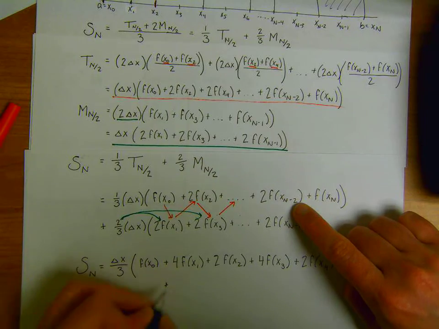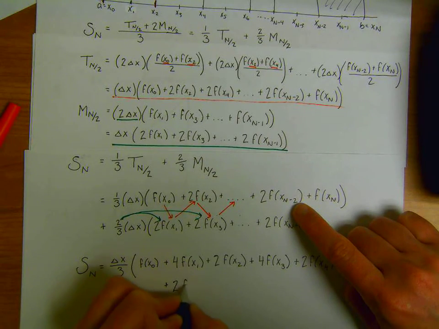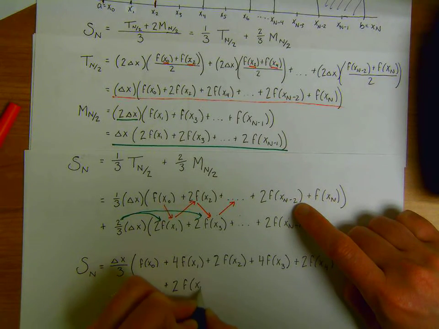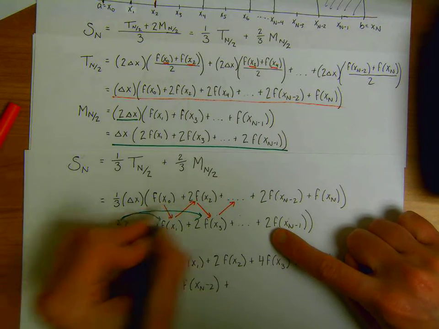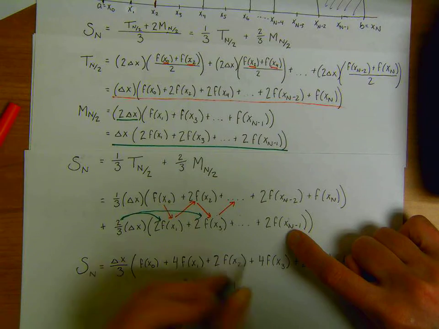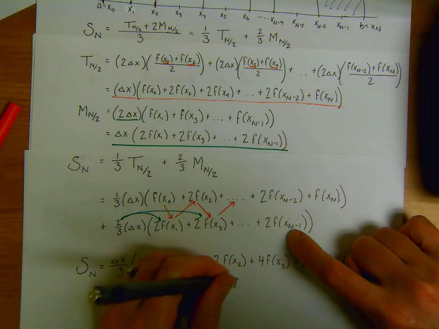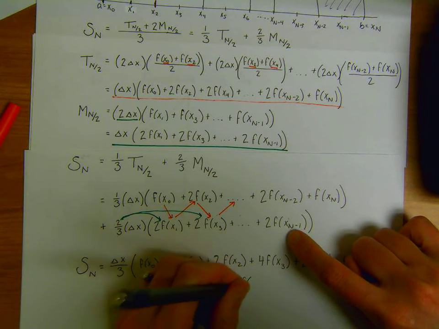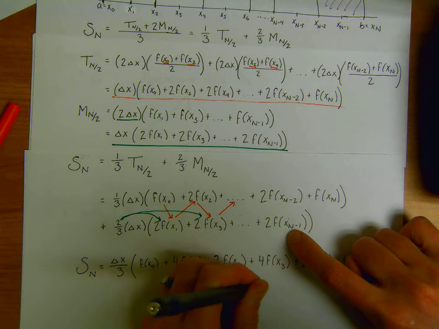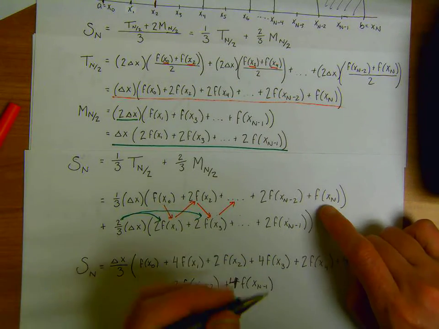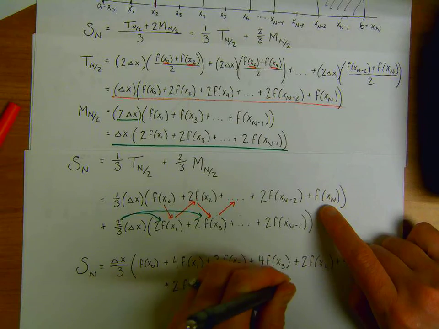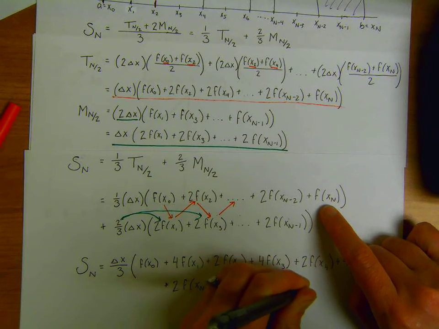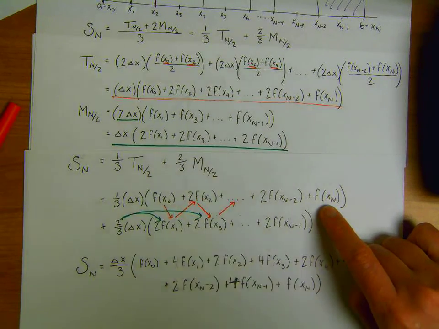Looking here, I only end up with 2 copies of f of x sub n minus 2 plus 4 copies of the odd numbered ones, 4 copies of f of x sub n minus 1, plus a final single copy of my final value.